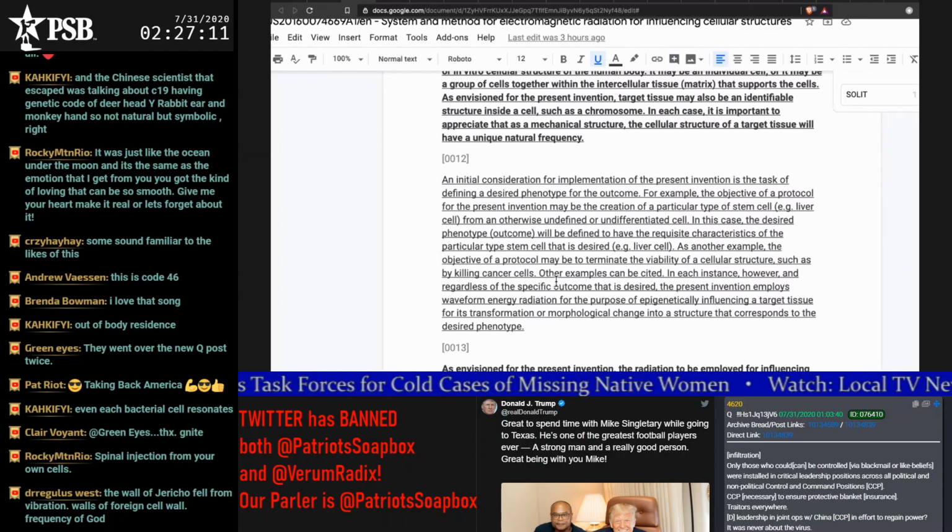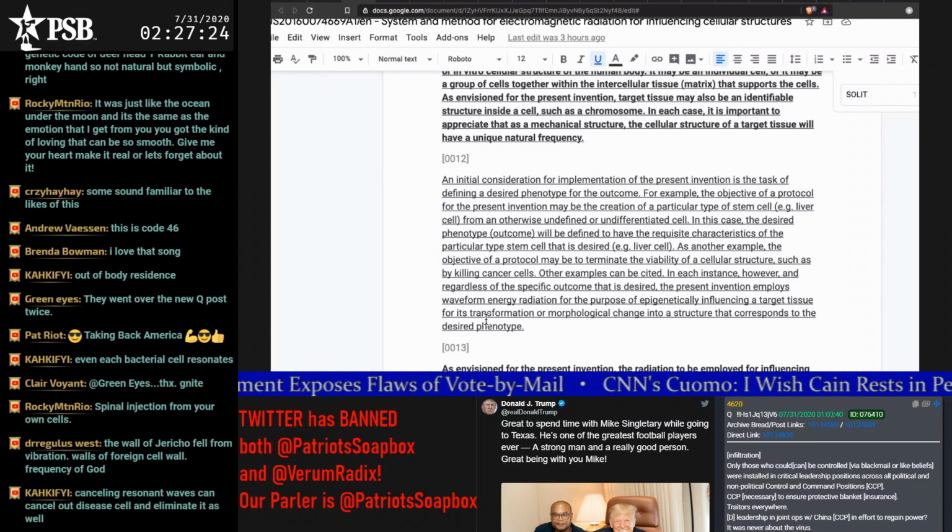In each instance, however, and regardless of the specific outcome that is desired, the present invention employs waveform energy radiation, electromagnetic radiation, for the purpose of epigenetically influencing target tissues for its transformation or morphological change, mutation, into a structure that corresponds or matches the desired phenotype.